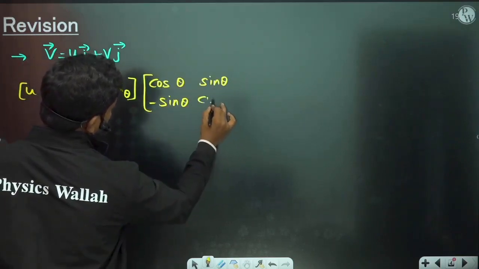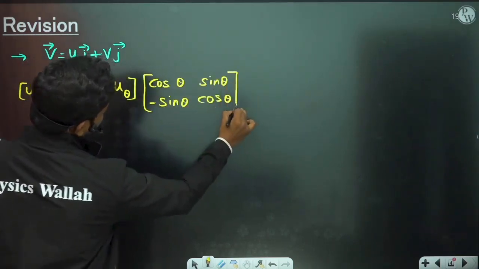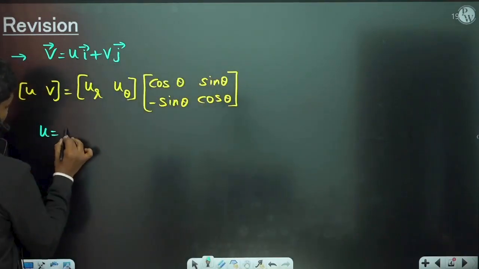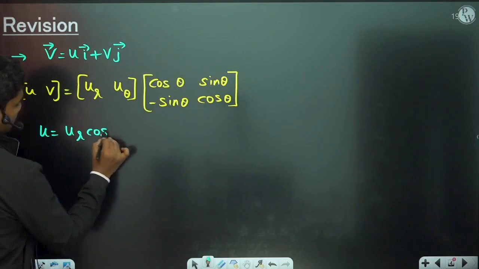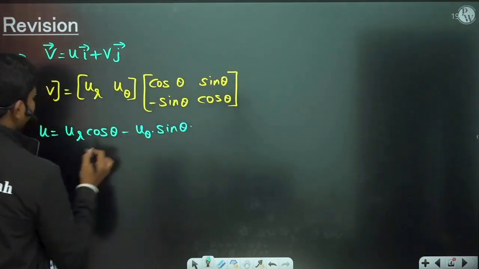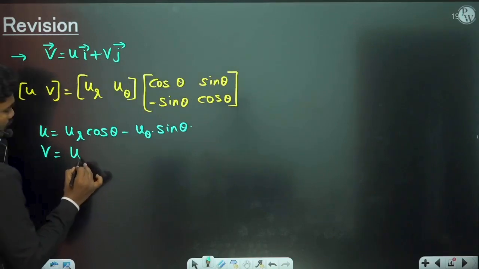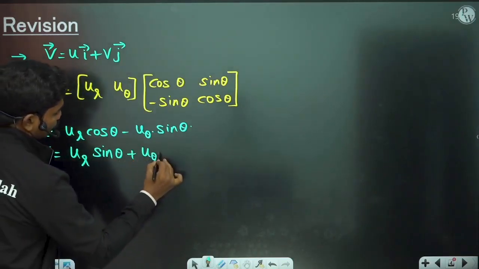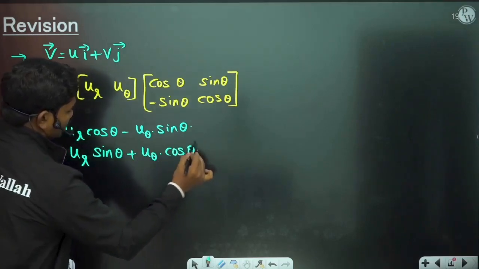Upon expanding, you can write u equal to u r cos theta minus u theta sin theta, and v, the y component of velocity, equal to u r sin theta plus u theta cos theta, correct?